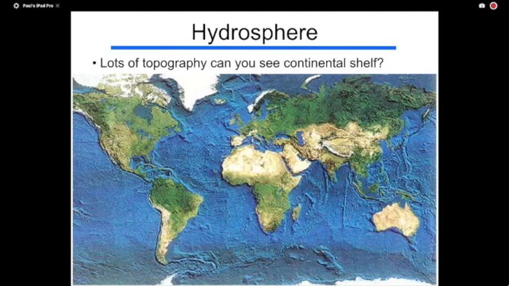You can actually see some of the continental shelf where it is still under the water, but it's relatively shallow, and then you can see it falls really deep, particularly here in the Gulf, really relatively shallow, only very deep in the center. And so the Gulf is really relatively shallow.